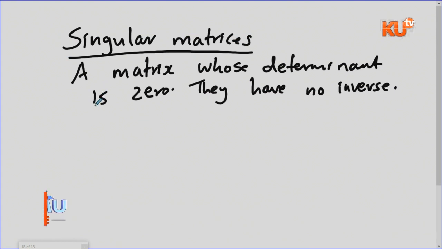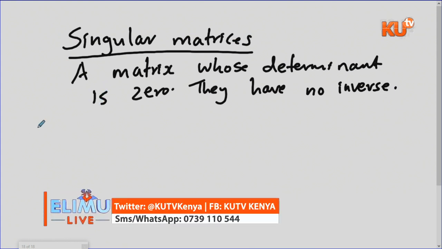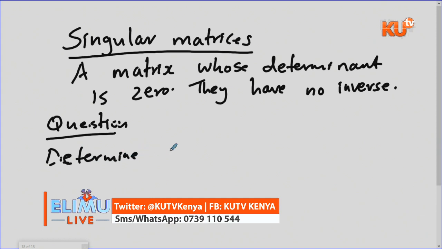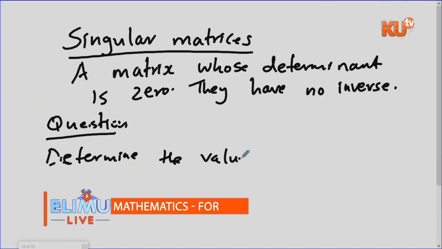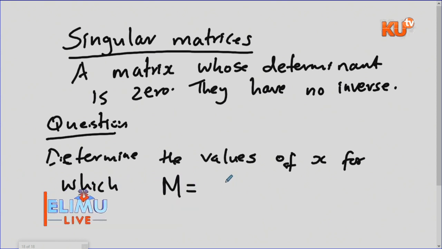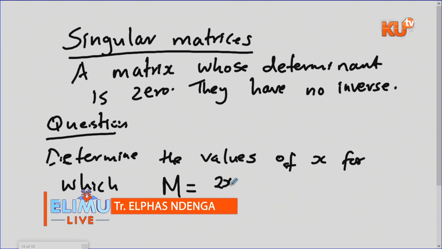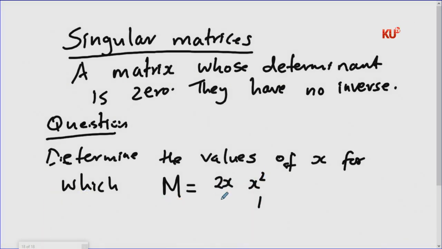In this case, you are told to determine the values of x for which M, and M here is a matrix which is defined by 2x, 1, x squared, 2, for which this matrix has no inverse.